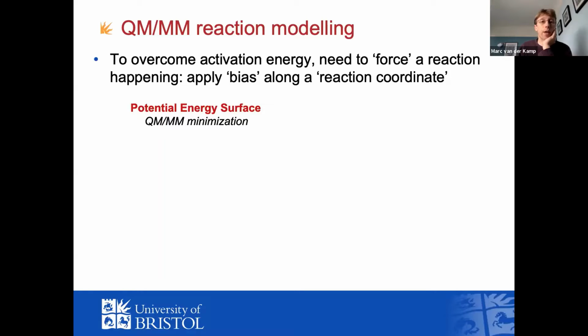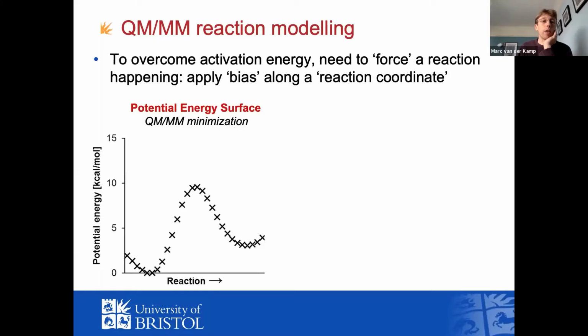So the first is to calculate a potential energy surface for your reaction, and that is essentially just involving doing a series of QMMM geometry optimizations or energy minimizations. So what we actually do then is we start from an enzyme substrate conformation at a particular starting point, a value of our reaction coordinate. Then we move further along our reaction coordinate and fully energy minimize the conformation that we get.